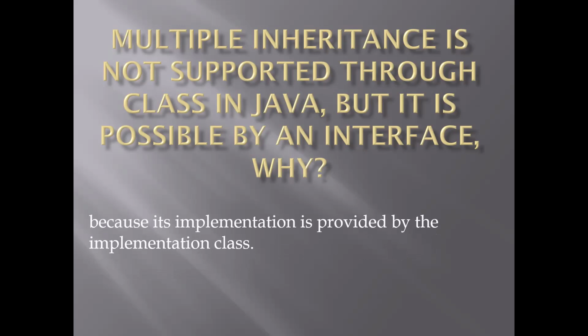Interface has no implementation, which will never lead to any conflict if we have multiple inheritance. There is no conflict because there is no implementation inside this interface. You understand?